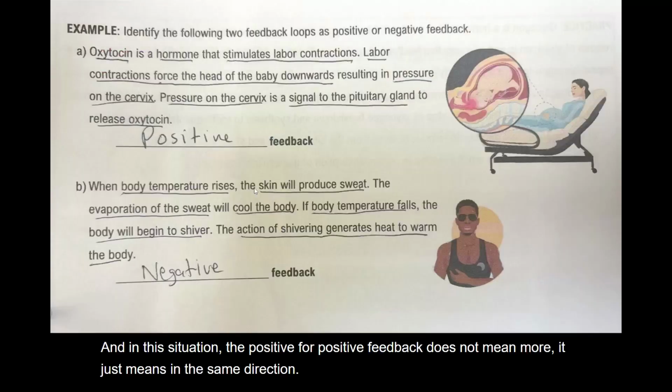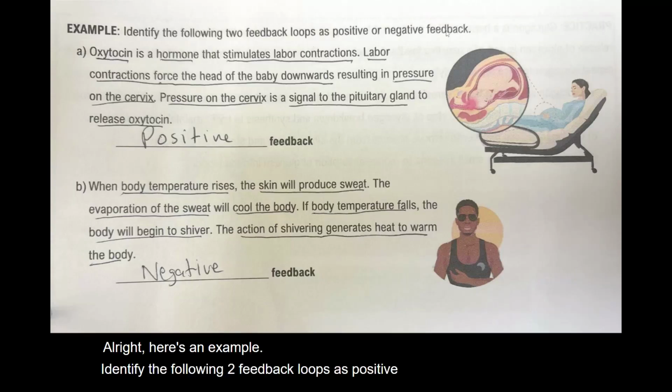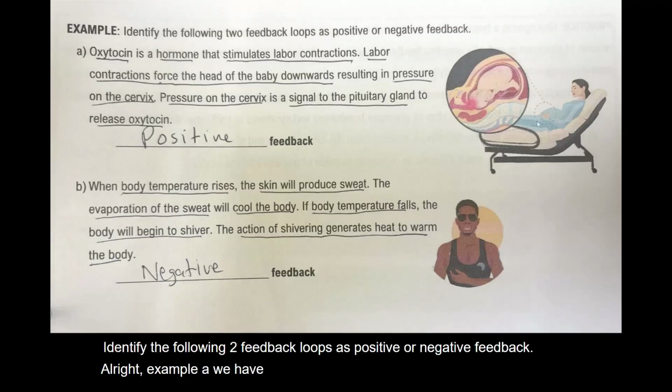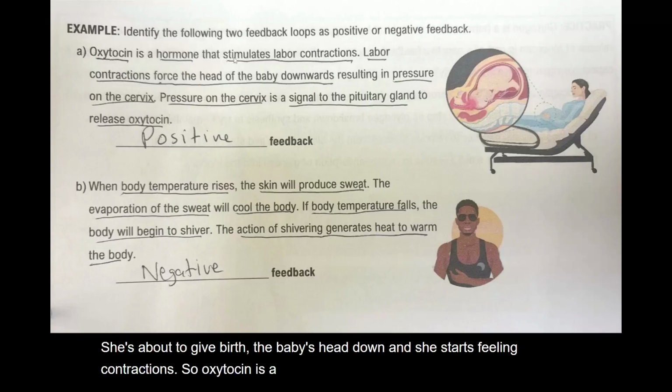All right, here's an example. Identify the following two feedback loops as positive or negative feedback. All right, example A. We have a lady that's pregnant over here. She's about to give birth. The baby's head down, and she starts feeling contractions. So oxytocin is a hormone that stimulates labor contractions.